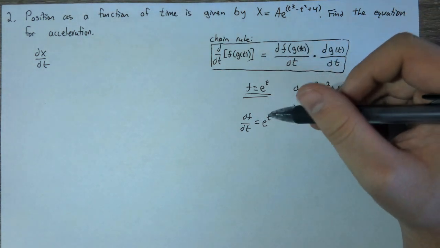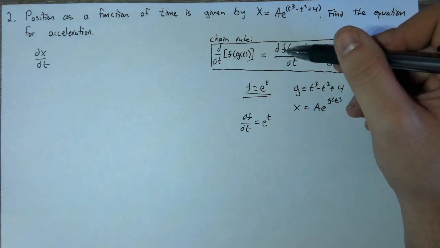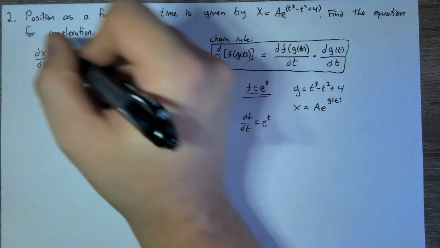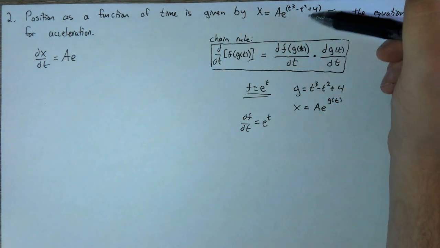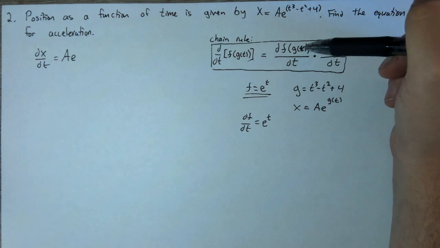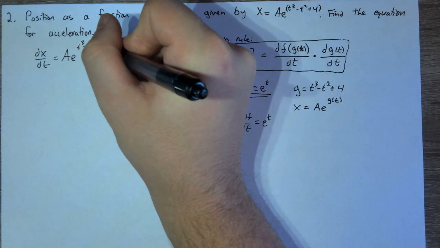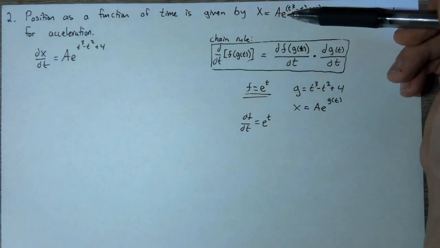Then, so like this term, let's just look at this. The derivative of the outside function is just the same, so that is, there's no change. And then we leave the inside function the same. So far, our derivative is the same.